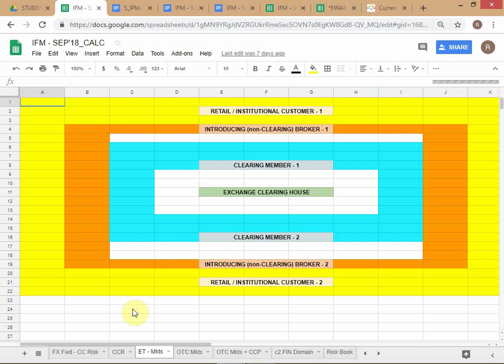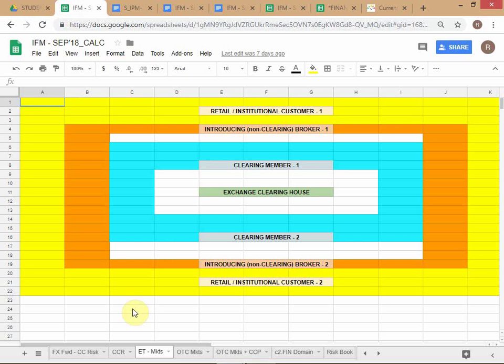Everybody's clear about the scheme now? That in ETM, every transaction has to go through the clearinghouse, and the clearinghouse is the counterparty for every transaction. Okay? Every transaction, clearinghouse is the counterparty, and the clearinghouse is only going to deal with clearing members. They will not deal with anybody from the retail market or institutional market.